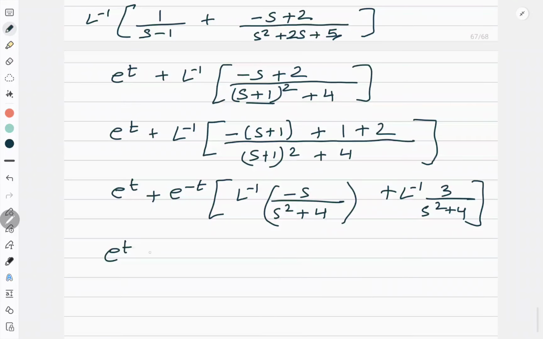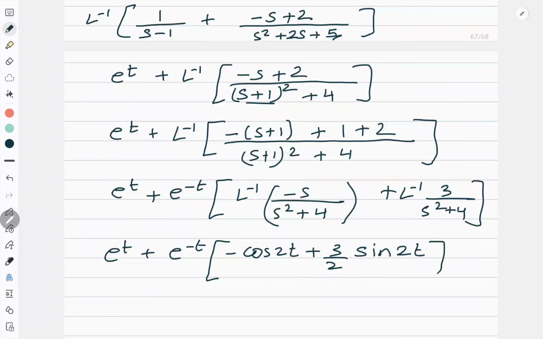So e^t + e^(−t), and then Laplace inverse of this is −cos 2t + (3/2) sin 2t. Okay? And e to the power −t is outside. So this is my answer.